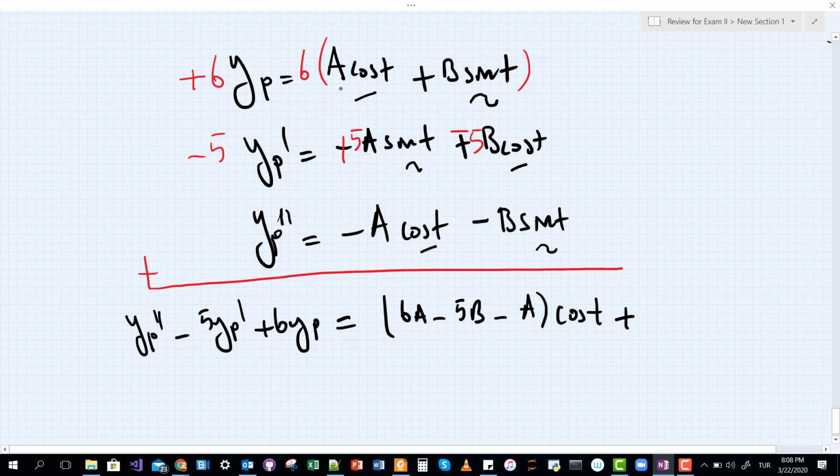Plus, for the sine part, I have 6b, and in the second line, I have negative 5b, and then in the third line, oh, my bad, right?